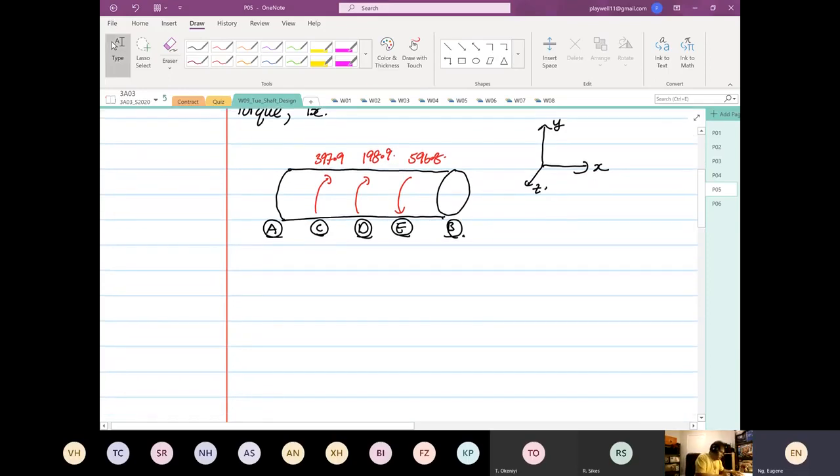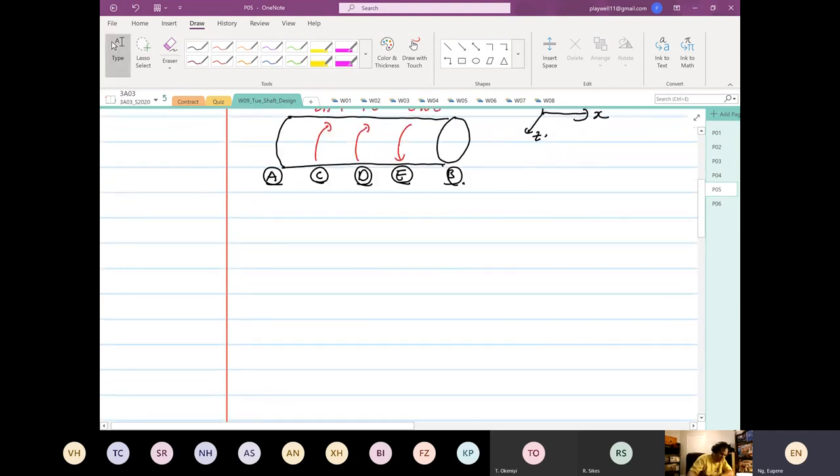As I said, the torque is the one that a lot of students make a lot of mistakes on. I don't want you to make the same mistake. So now we have our point A. So this is our torque. Now this is critical. Don't make a mistake.